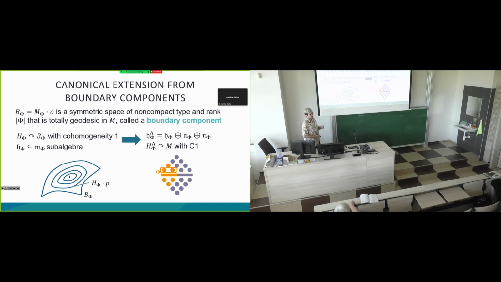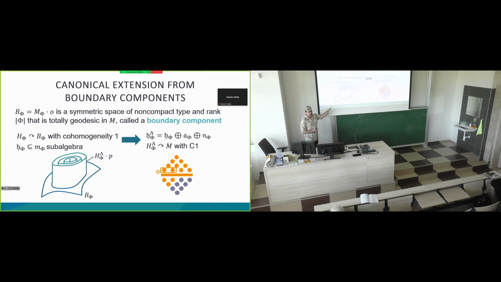We consider the corresponding group. It turns out that by proceeding in this manner, we extend the action of something in this group, which is called a boundary component, to the whole ambient space in a manner that not only conserves cohomogeneity, but also orbit type.